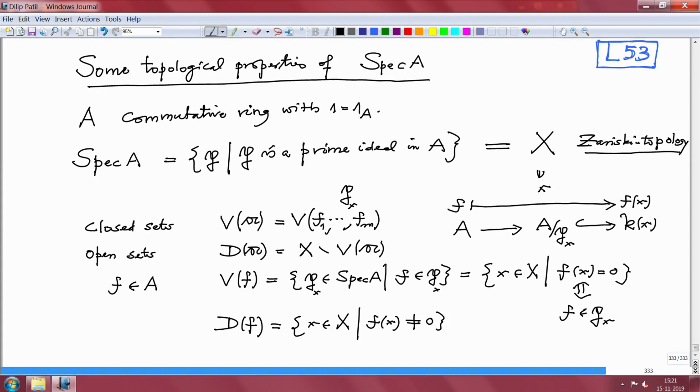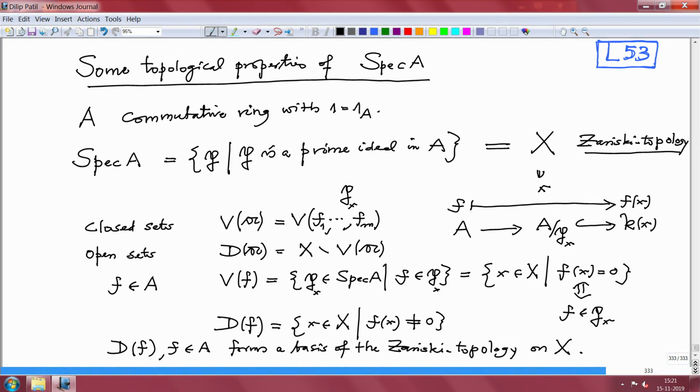So, therefore, these are the open sets and this is called a basic open set. So the family D(f), as f in A, forms a basis of the Zariski topology on X.